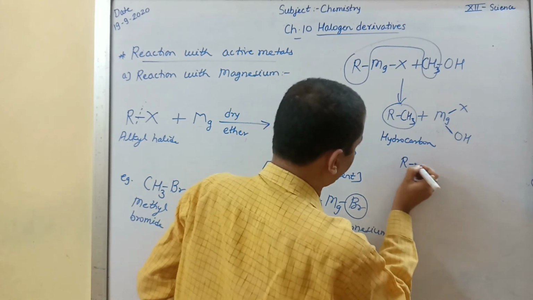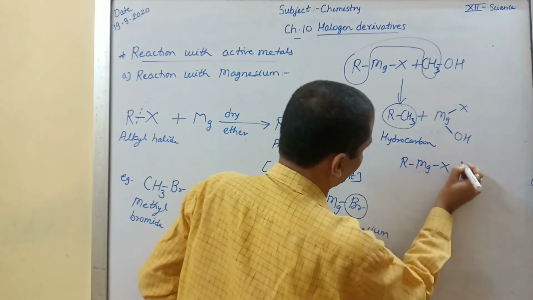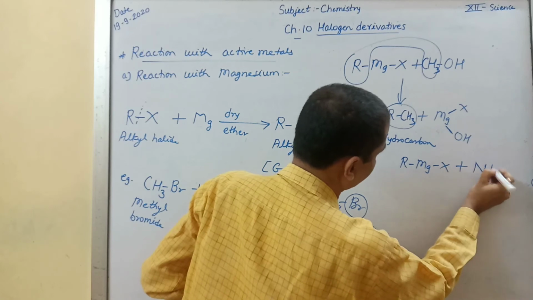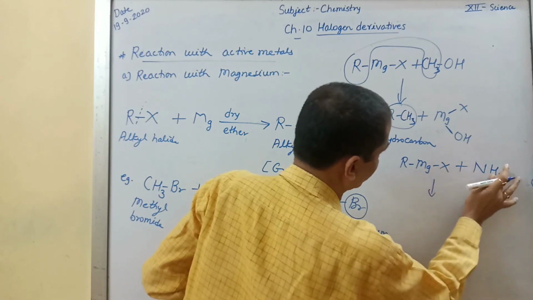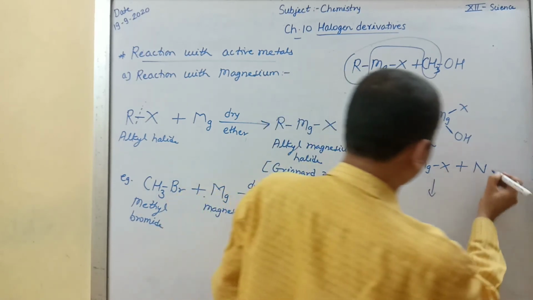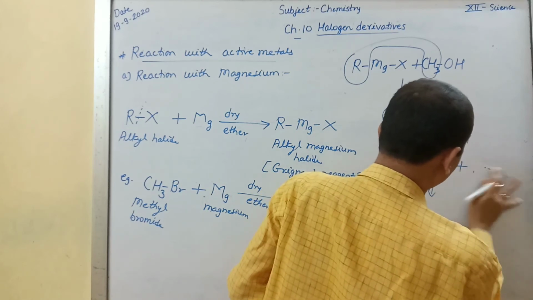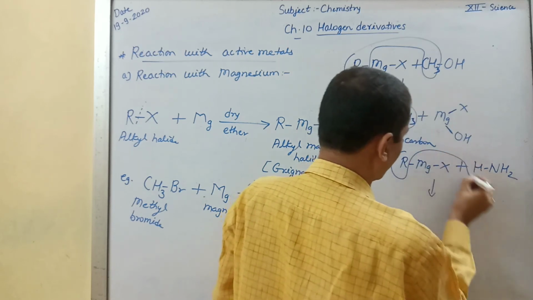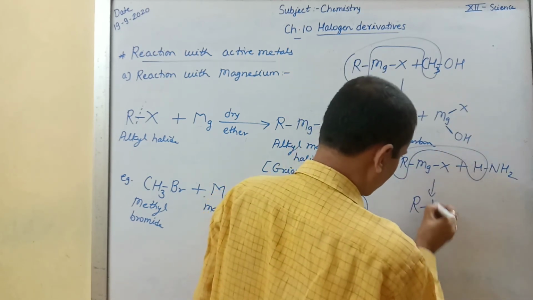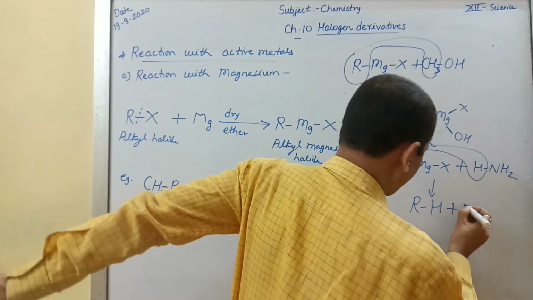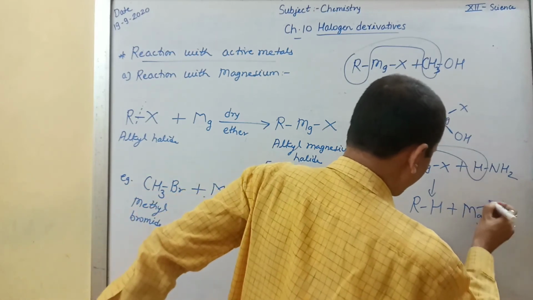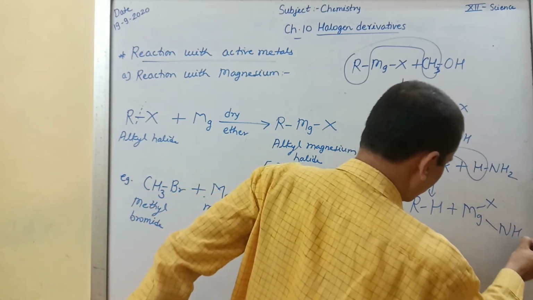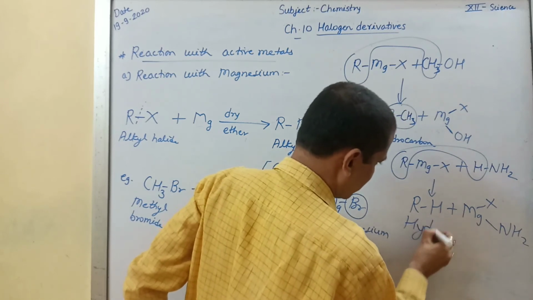Similarly, if RMgX reacts with what? Ammonia, NH3, then you get RH plus MgX and NH2. Again you get hydrocarbon.